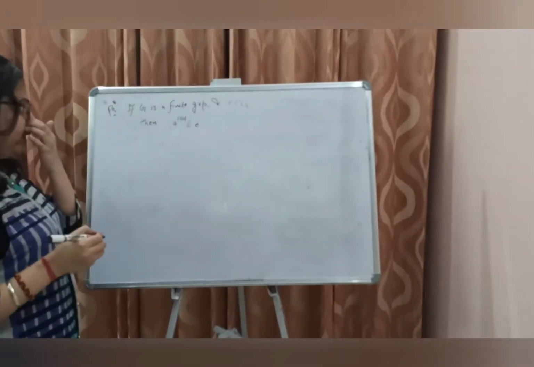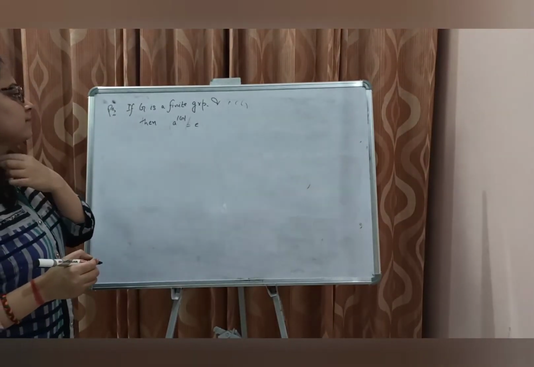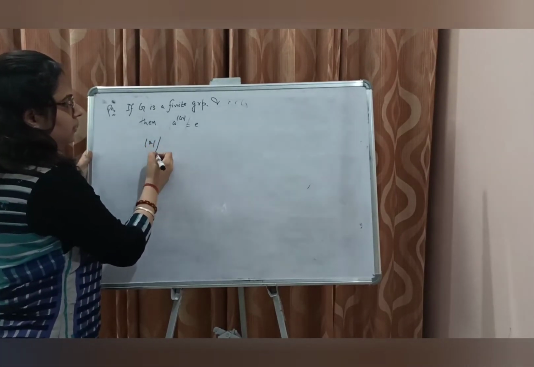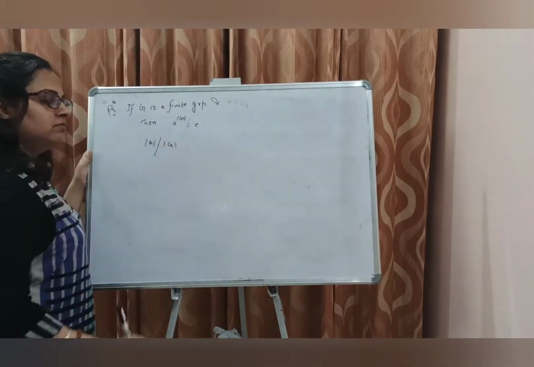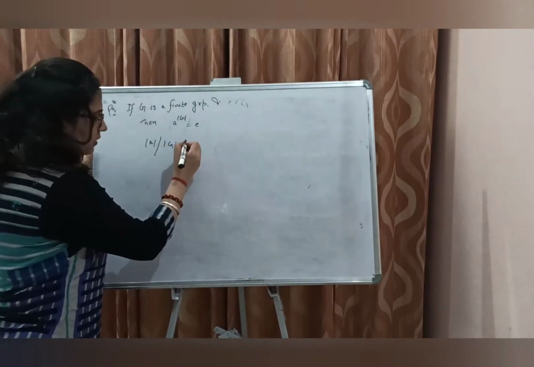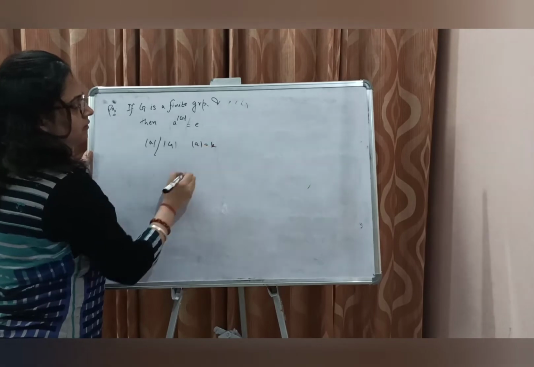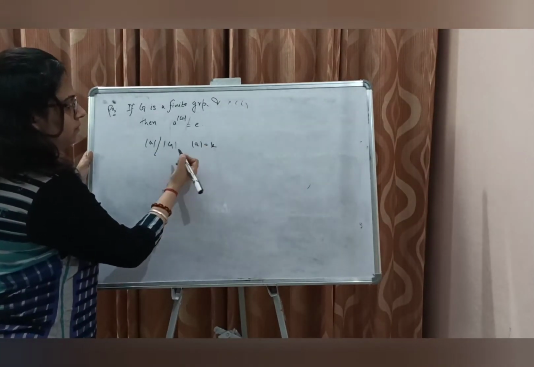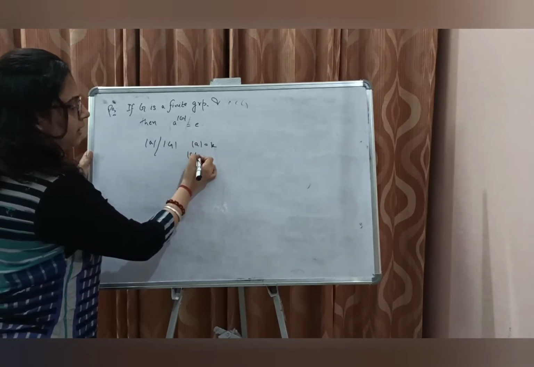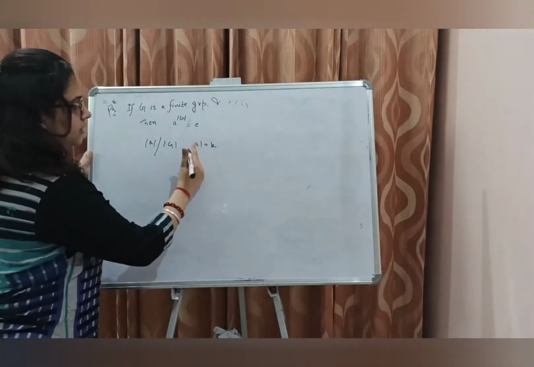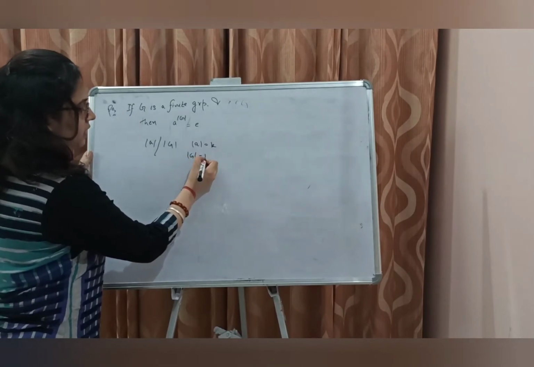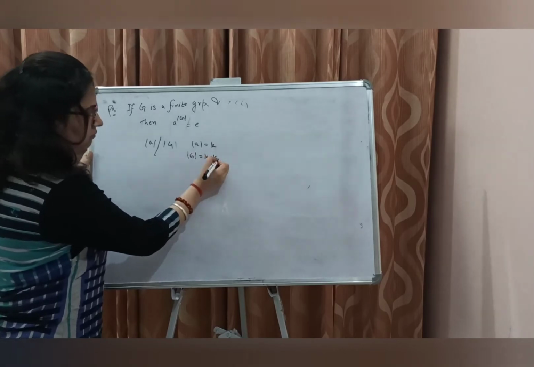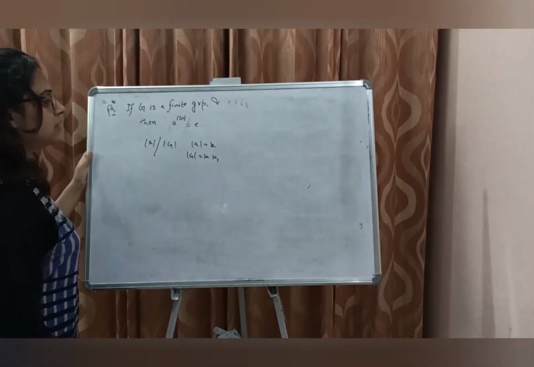Now clearly the order of A divides the order of G. Say the order of A is K. So the order of G can be written as K times, say, K1. It's a multiple of K basically.